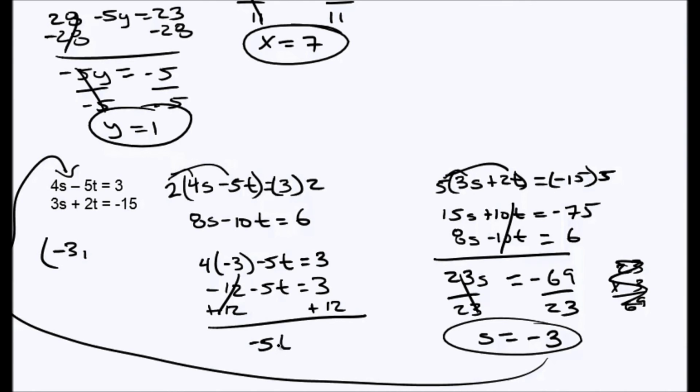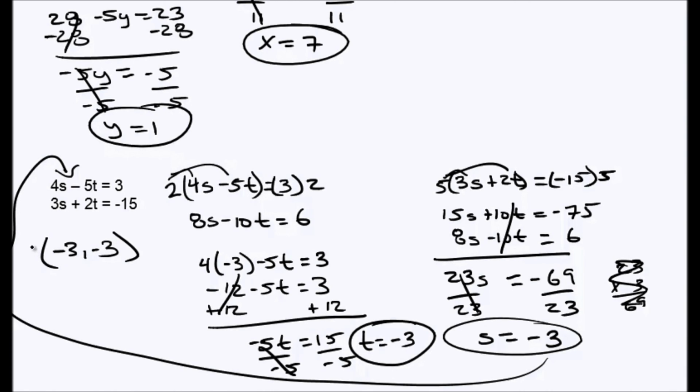Negative 5t is equal to 12 plus 3 is 15. Divide both sides by negative 5, and t is equal to negative 3. 15 divided by 5 is negative 3. Have my s coordinate, my t coordinate, put them together, negative 3, negative 3. That is my solution.